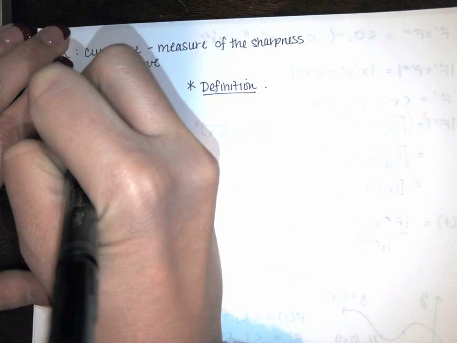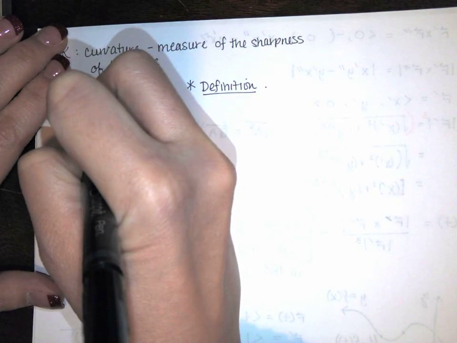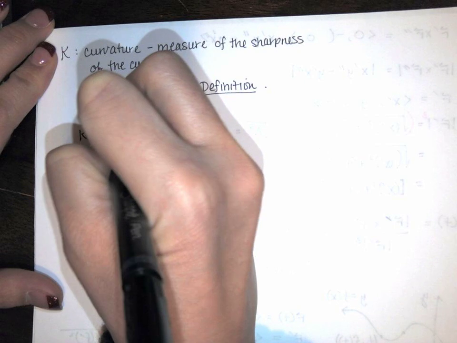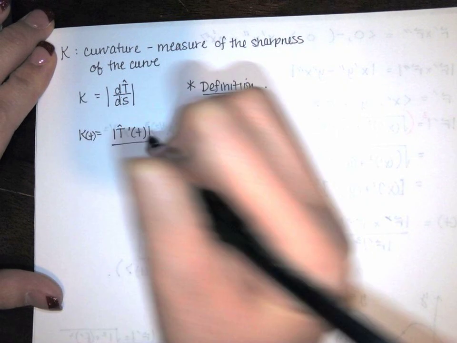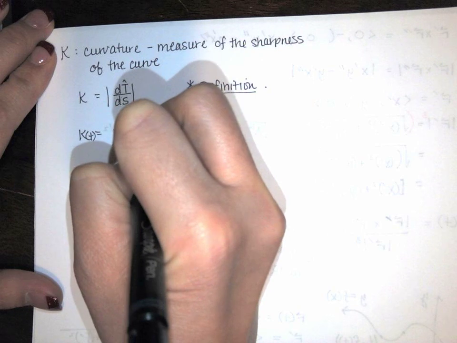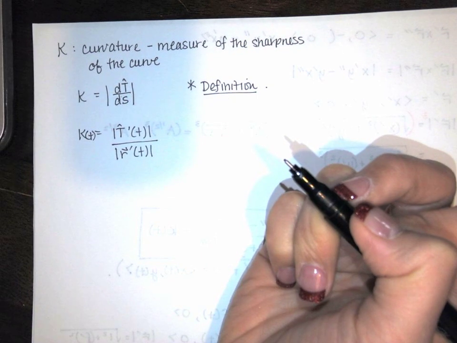Then using the chain rule, we were able to prove that curvature can be written as a function of t this way. You take the magnitude of T hat prime and you divide by the magnitude of r prime. So that's one option.